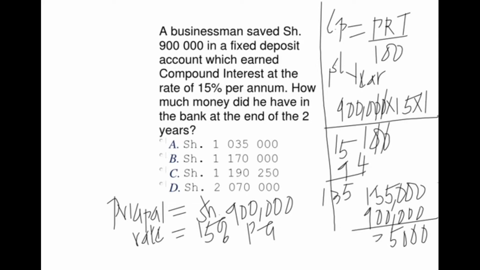So we have 3, then 9 plus 1 is 10. So we have 1,035,000. We have 1,035,000 as the principal for the second year.